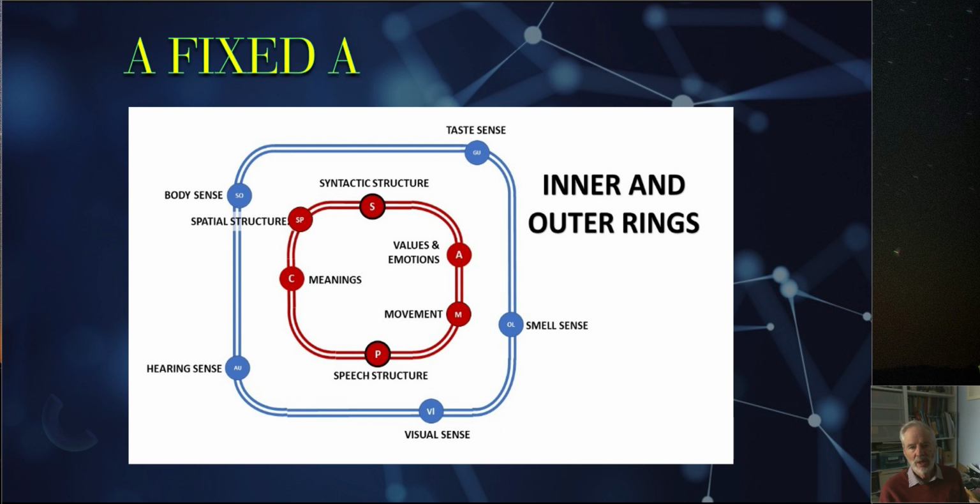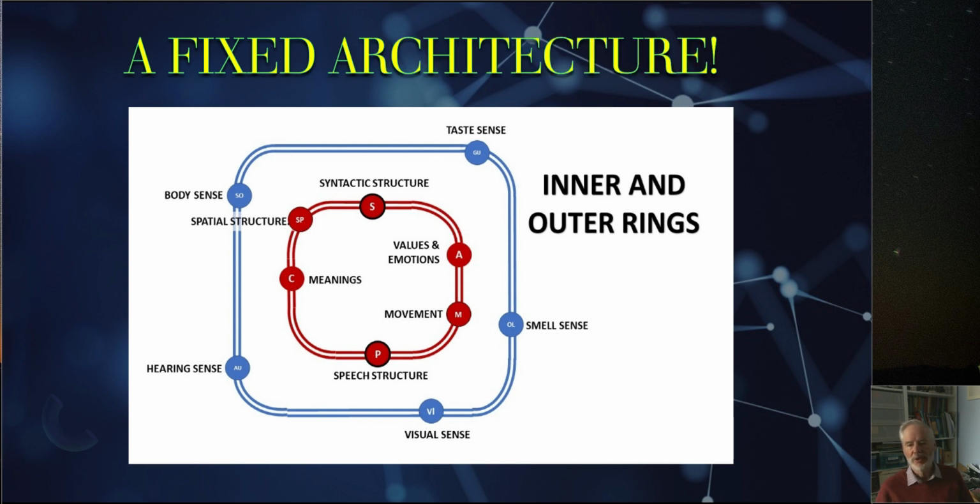Moving on, I want to point out that this is a fixed architecture. So we go through life with this architecture as human beings, and it's not so very different for, let's say, other primates. There are differences, quite a few differences, but in general you would expect a chimpanzee, for example, to have the same set, except for language.